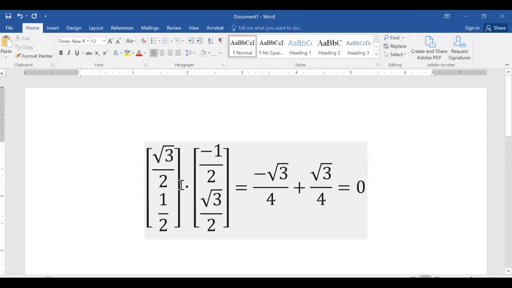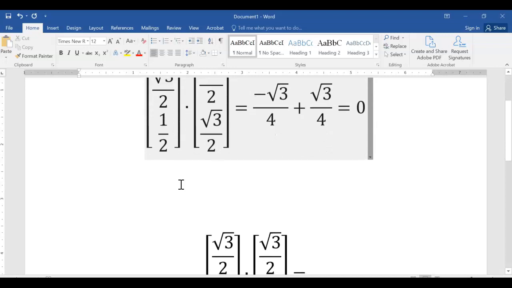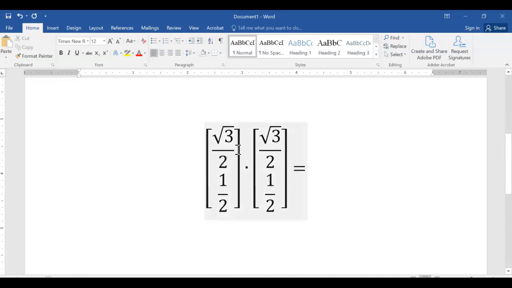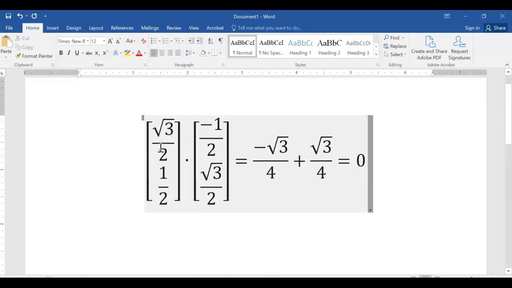Now, in order to see if it's orthonormal, we have to check the length. Now, the length is not the inner product, but actually the square root of the inner product of the vector times itself. So we're going to check the length of this first vector, (root 3 over 2, 1/2).